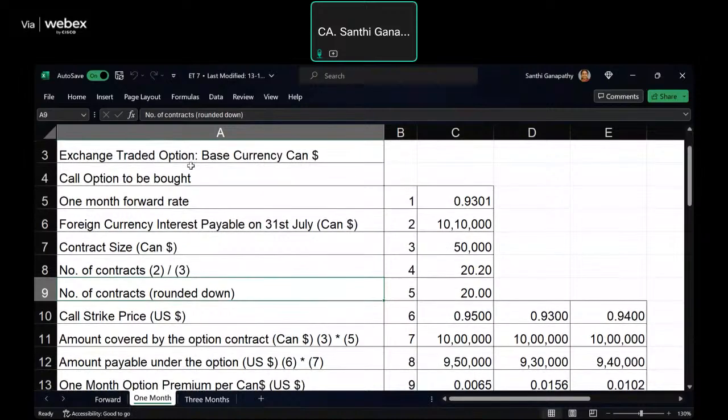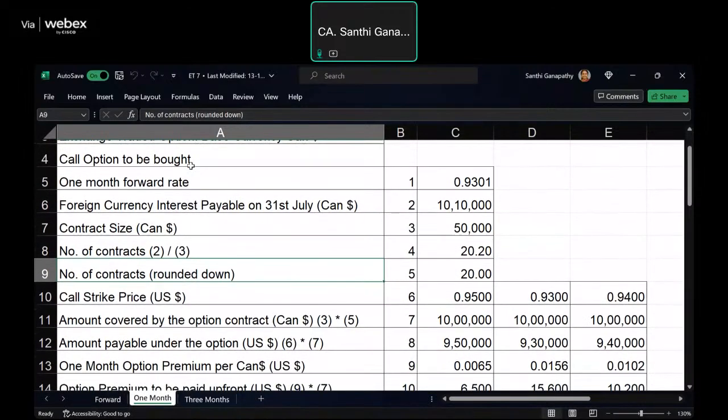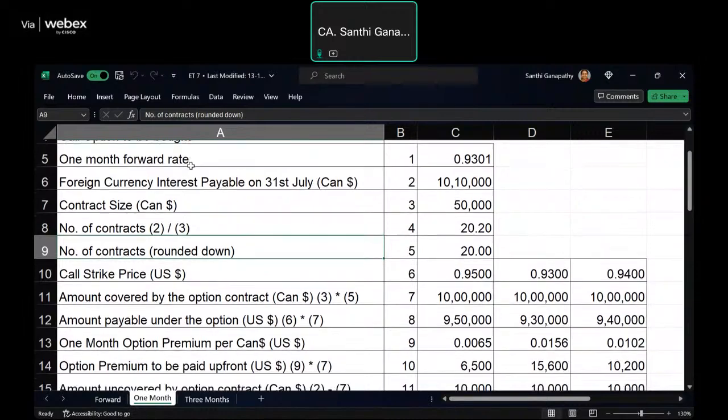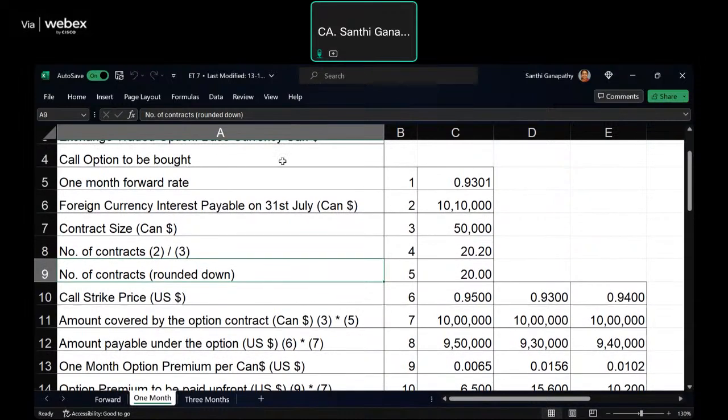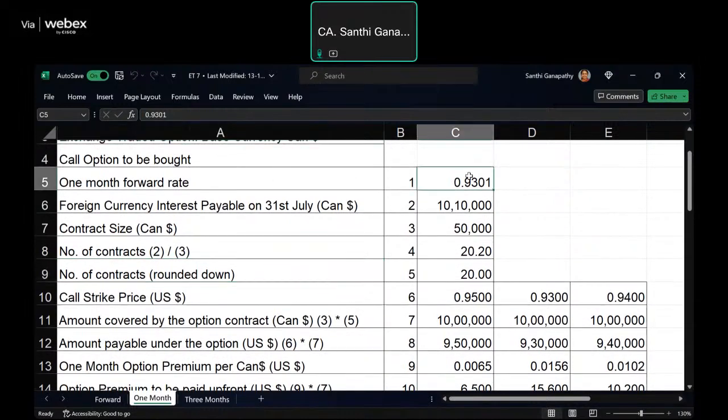It is an exchange traded option because the base currency is Canadian dollar, which is the foreign currency. Since I have to pay, I have to buy a call option. Now 1 month forward rate, I know. How much is the interest payable in 1 month's time, I know. Contract size I can find. Number of contracts has to be rounded down because what does the problem say? The problem says for the remainder uncovered, which means there is something uncovered. So for that, I have to round it down only.